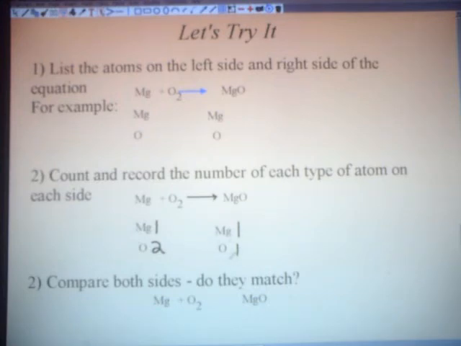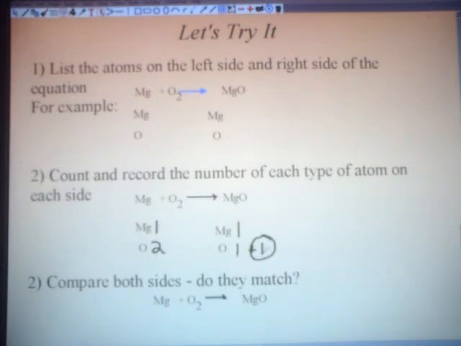So on the right side, I need 1 more oxygen. The way I get this extra oxygen is to add a coefficient in front of my MgO. So down here, where I'm going to try to match things up, I'm going to add another oxygen.